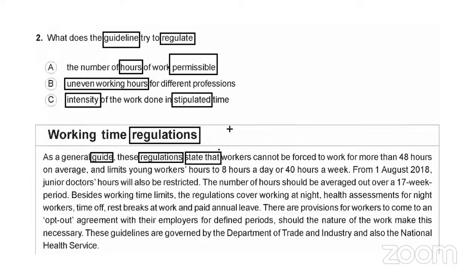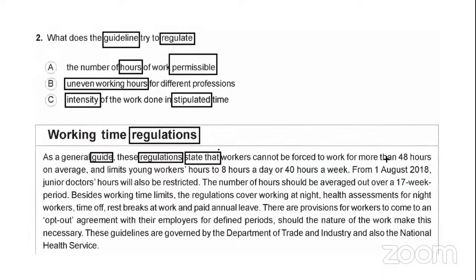These guidelines, regulate means regulations state that what? Workers cannot be forced to work for more than 48 hours on average.